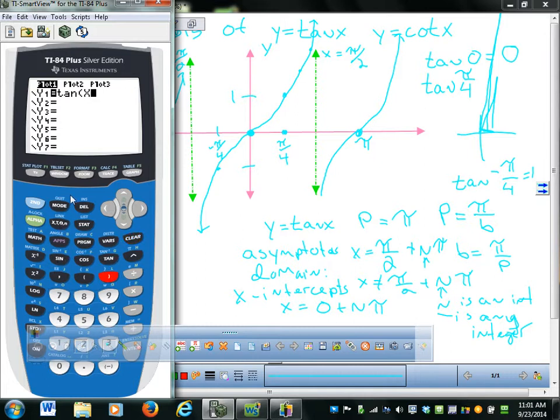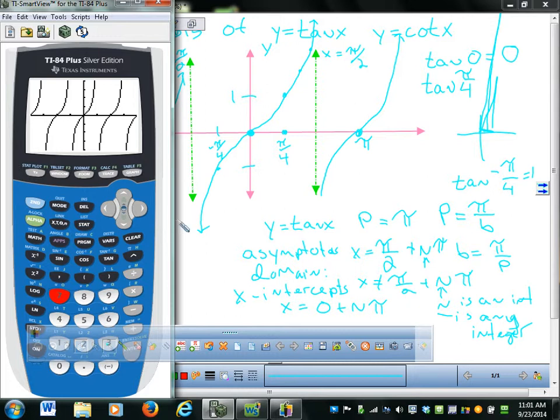I'm going to do a zoom trig and see what that looks like. There it is. On some of your calculators, it graphs the asymptotes. So don't think that the asymptotes are part of the function. I don't know how to turn off the asymptotes. I can look it up, but on some calculators there's a way to turn it off, and I forget what it is.